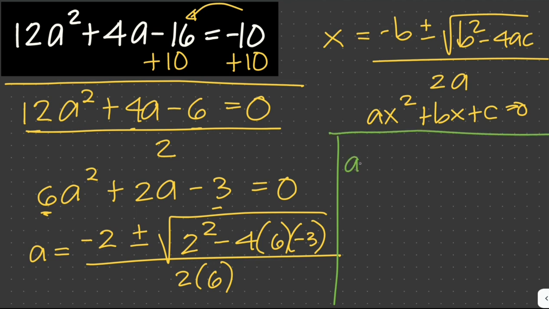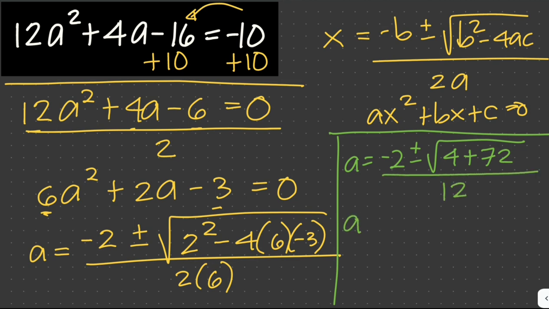And then we have negative 2 plus or minus the square root of 4 plus, 4 times 6 is 24, times 3, this would give us positive 72, over 2 times 6, which is 12. Then negative 2 plus or minus the square root of 76, over 12.